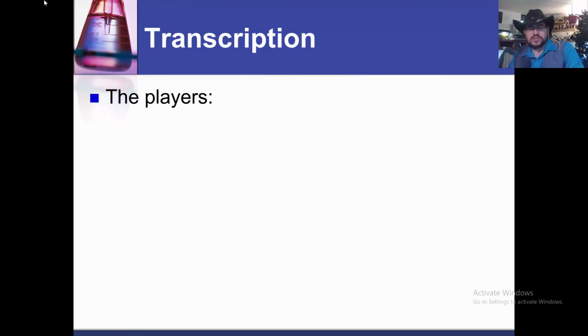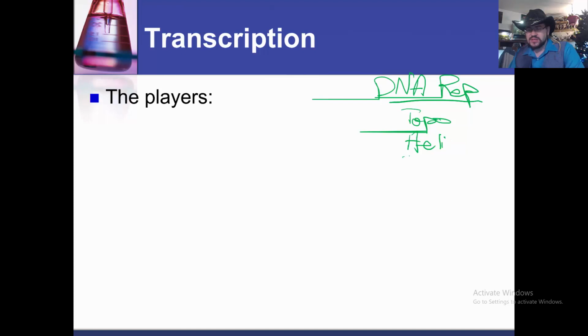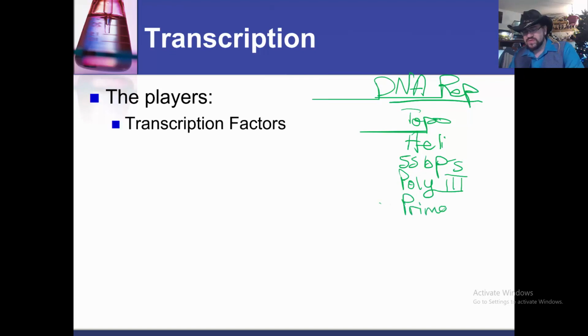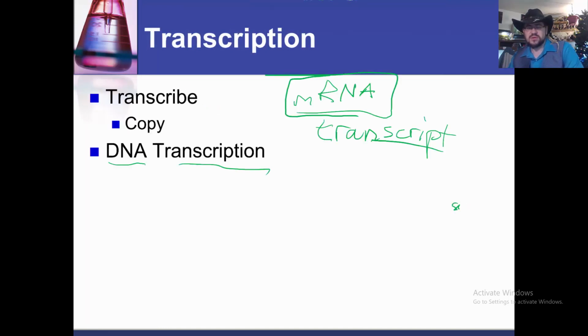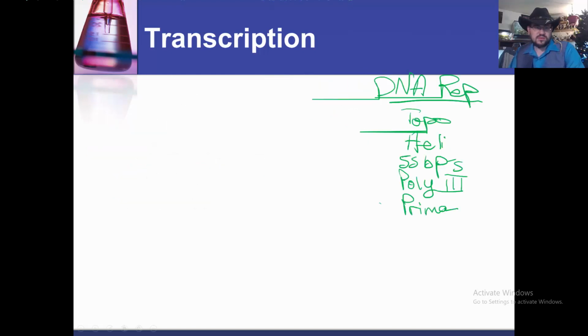So remember, we have all those enzymes in DNA replication, right? We've got topoisomerase, helicase, the single-stranded binding proteins, polymerase III, primase, and ligase, right?